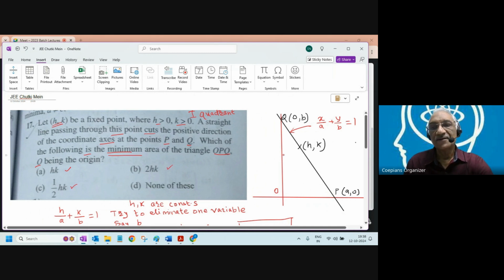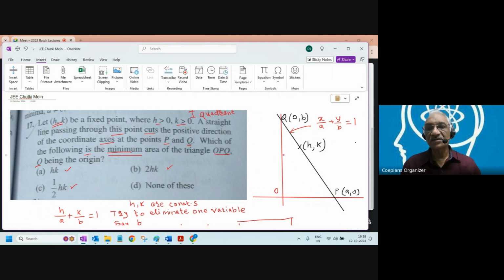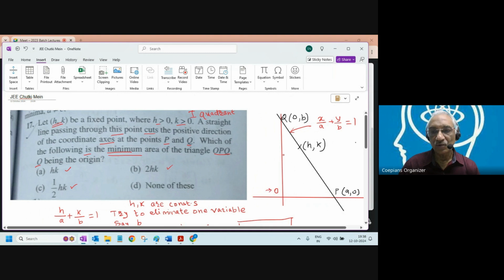So for this, let's look at the classical solution. I have drawn this diagram. This is point O, this is point P with coordinates (a, 0), and the other point is Q with coordinates (0, b).